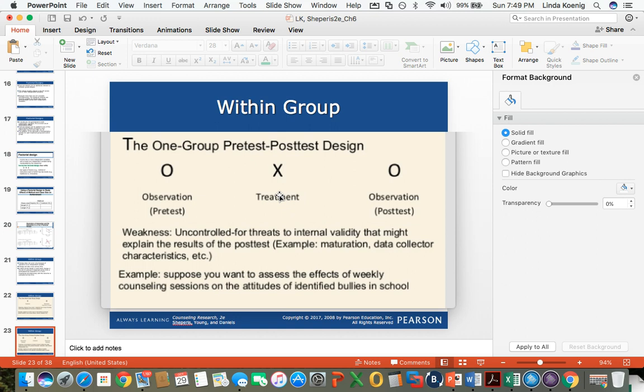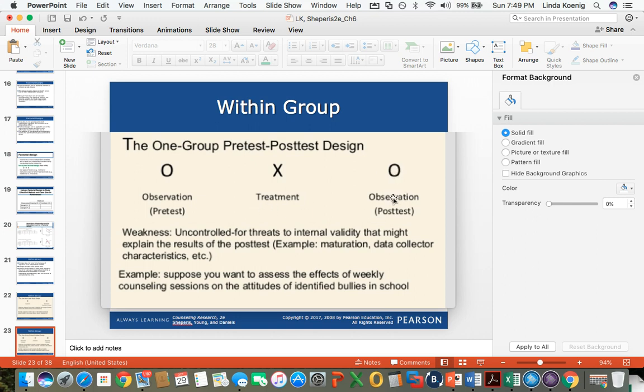So this is one group, pretest, post-test design. Here we do the pretest, the treatment, and then post-test. So we are not controlling any of the threats to internal validity that could explain the results of the post-test.